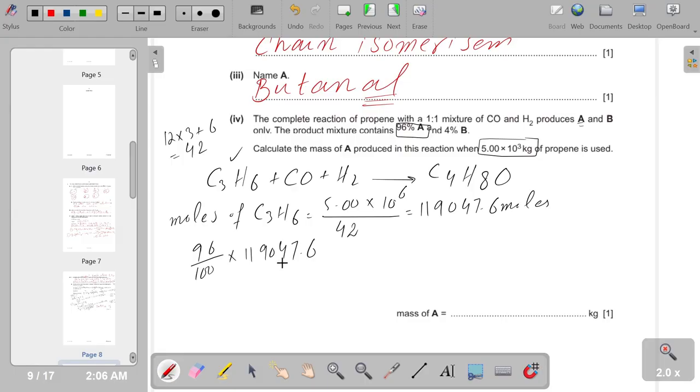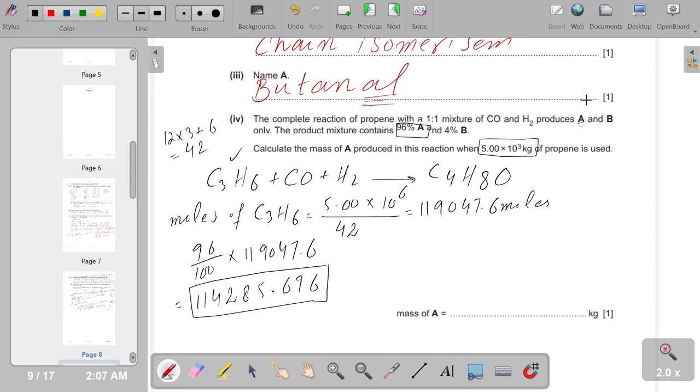If I calculate this, the answer will become 114285.696. It is actually 96% of this moles.